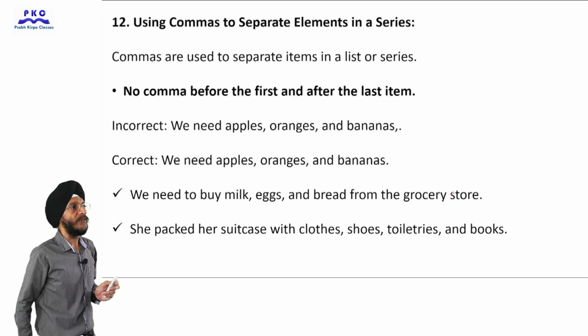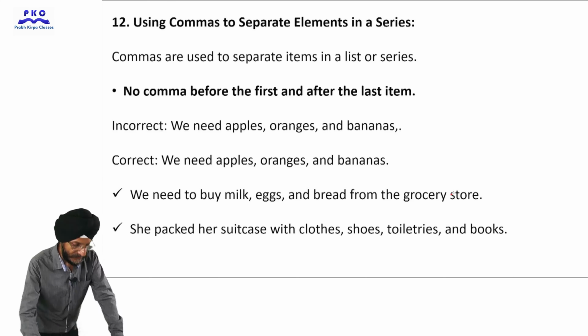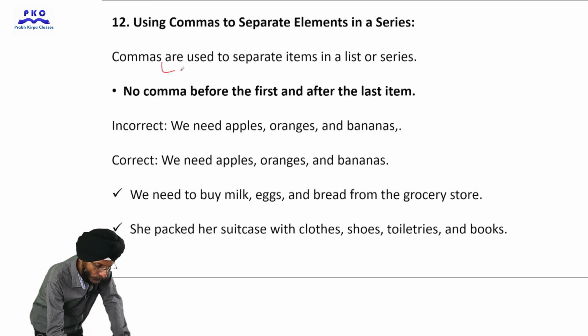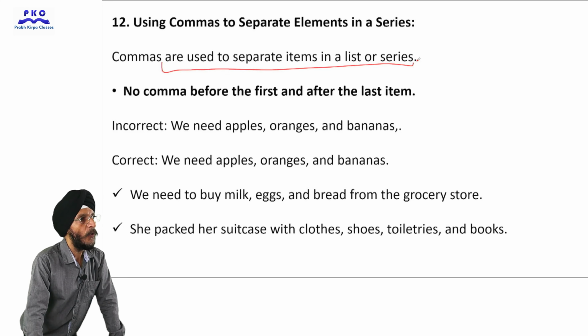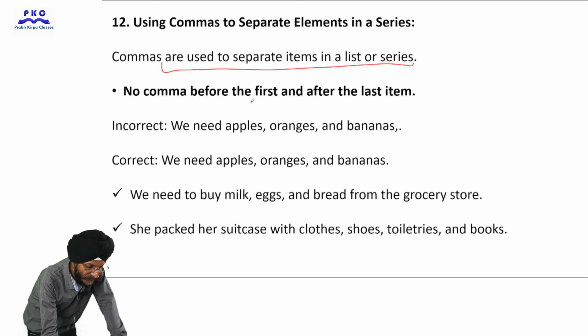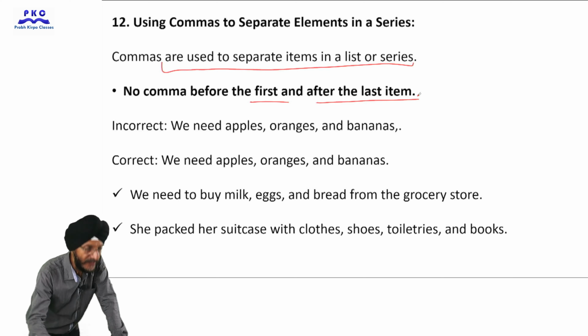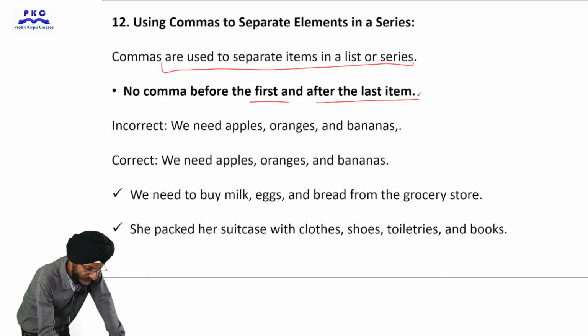Using commas to separate elements in a series. Commas are used to separate items in a list or series. But we should not insert a comma before the first or after the last item. Here you can see in this sentence, we need apples, oranges and bananas.